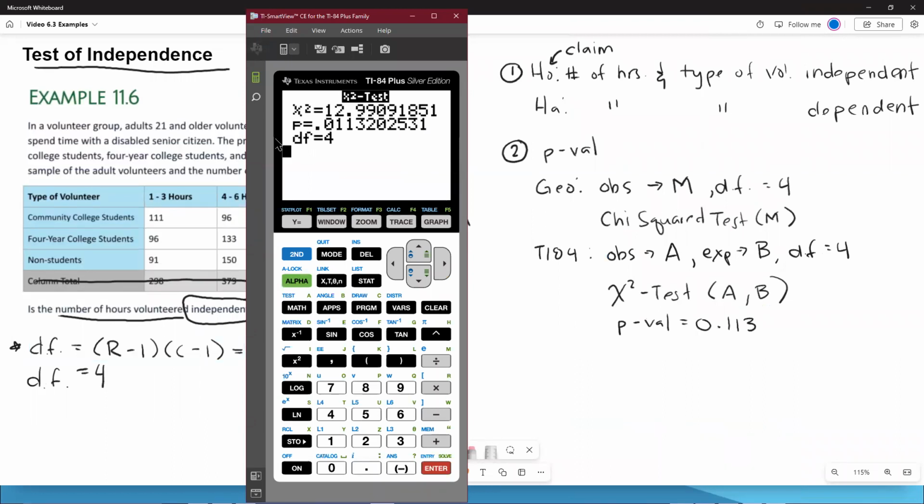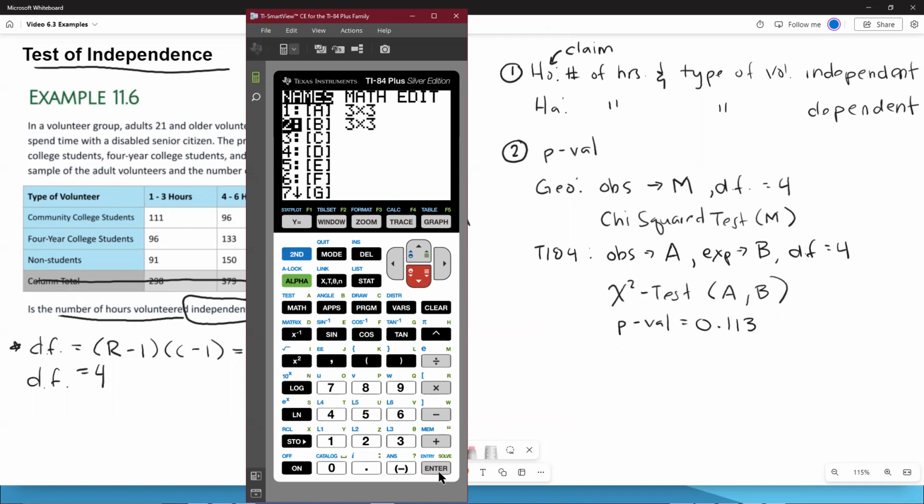So we wanted that expected data, the calculated values, assuming that these variables are independent, to go into matrix B. So let's take a look at what's in matrix B. So I just went second, x to the minus 1. I'm going to stay in names.